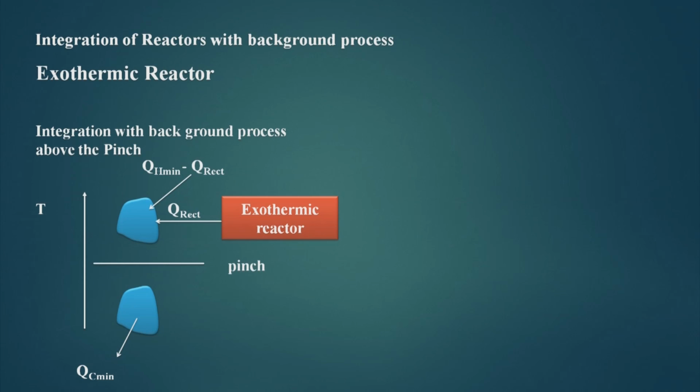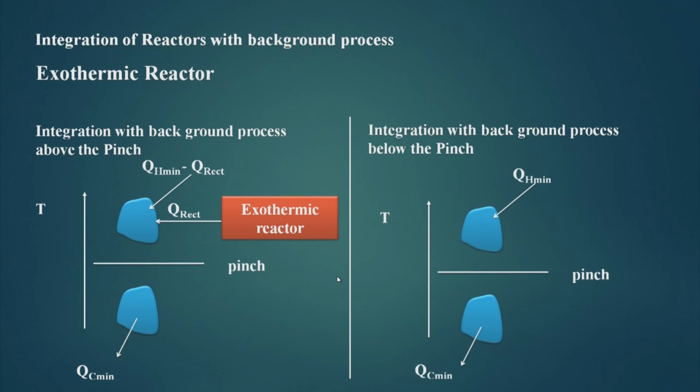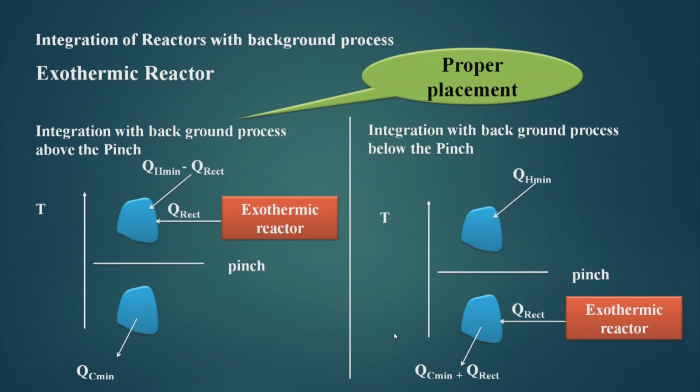So, that heat can be put into the process to decrease the hot utility demand above the pinch. Now, if I put this below the pinch, then the cold utility demand increases, which is not acceptable. So, the proper placement is above the pinch if it is an exothermic reactor.